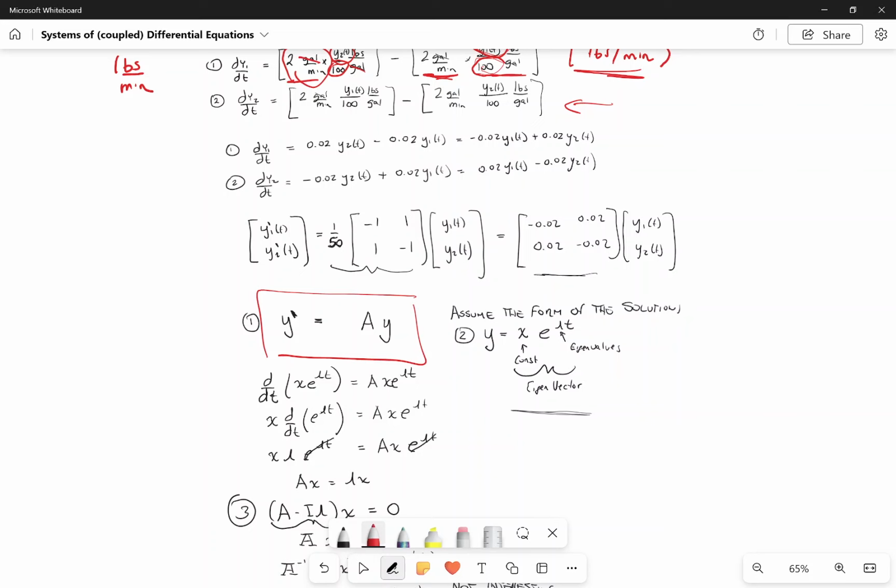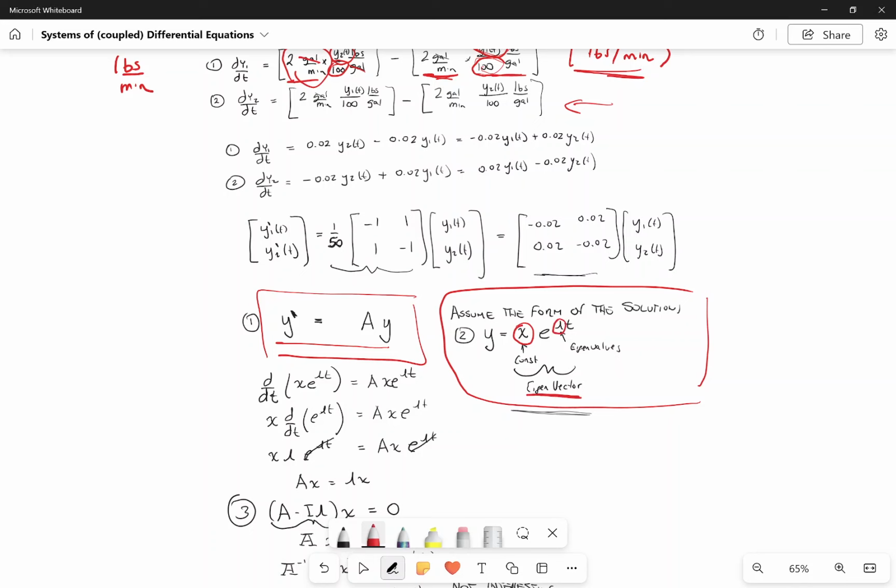What we needed to do was assume the form of the solution. For this differential equation, we're assuming the solution is y equals x, a constant vector, times e to the lambda t. The lambdas are the eigenvalues, and x is the eigenvector.